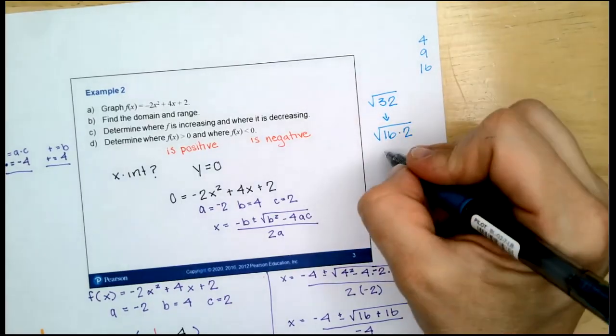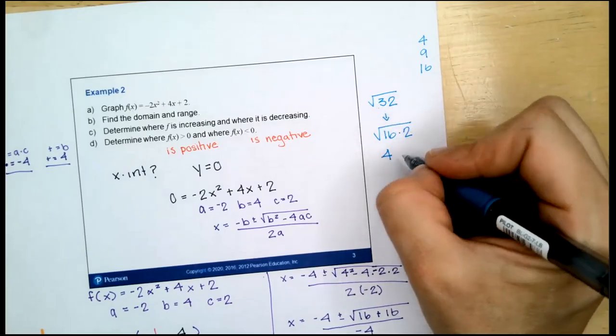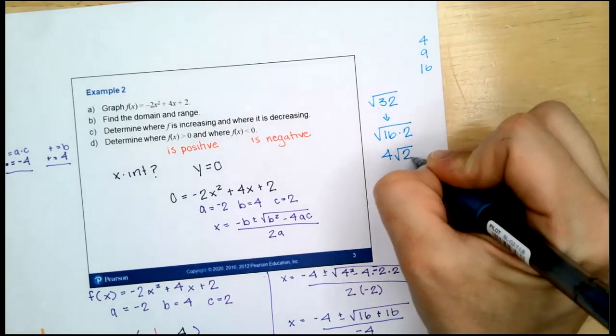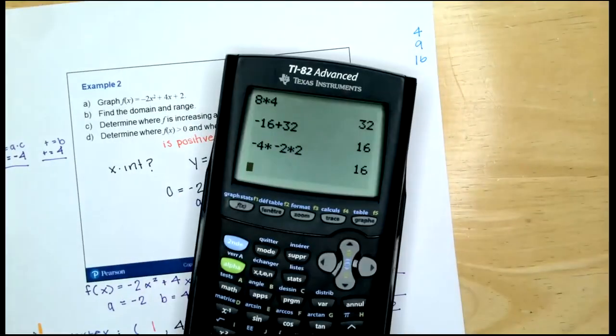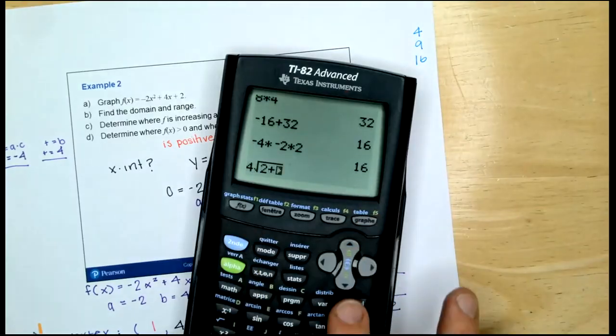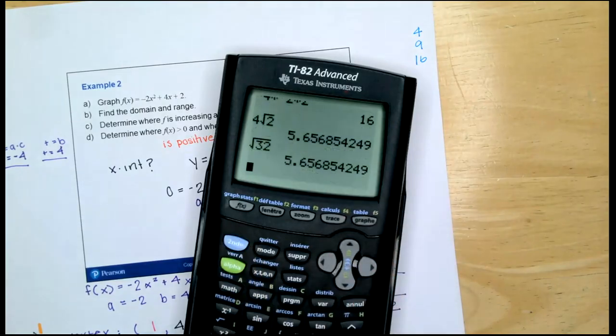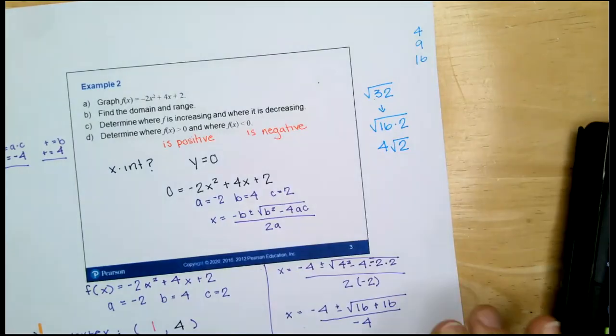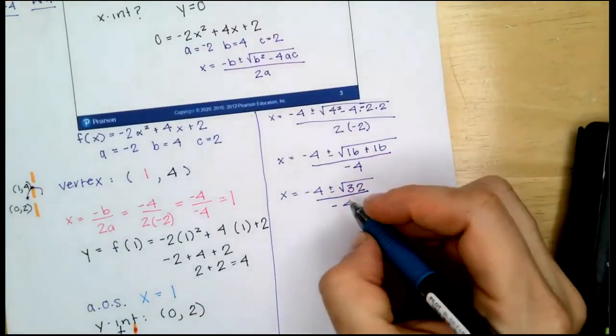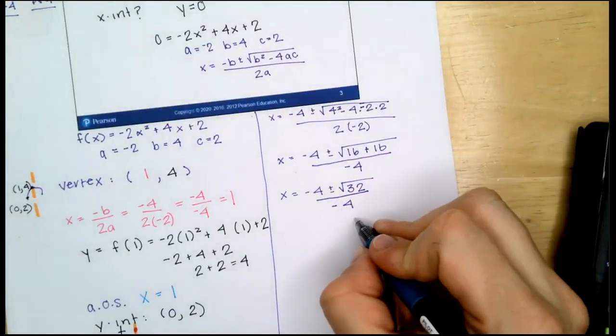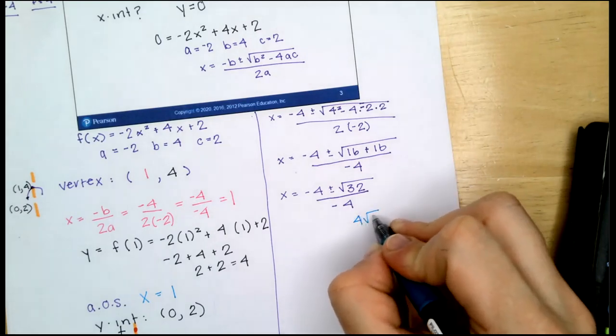The square root of 16 is 4. So the square root of 32 is the same as 4 square root 2. 4 square root 2 and the square root of 32 should give you the same decimal number in your calculator, okay? So now we come back and instead of the square root of 32, we're going to call that 4 square root 2.